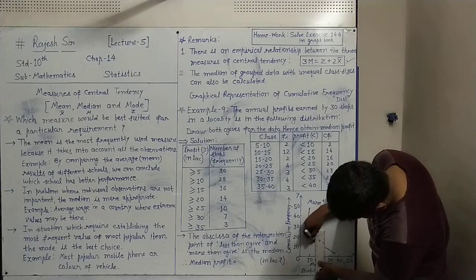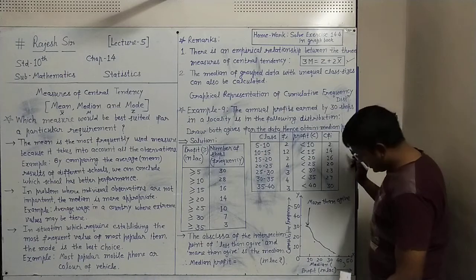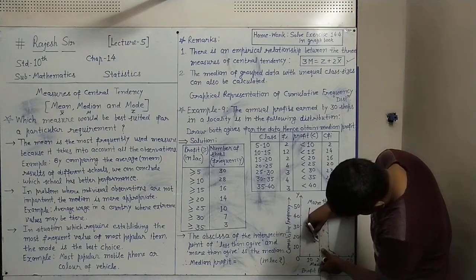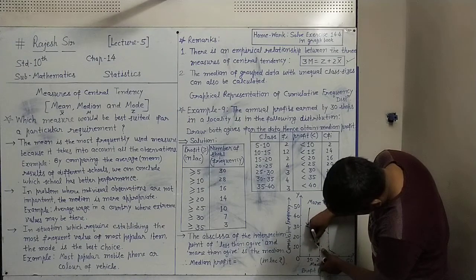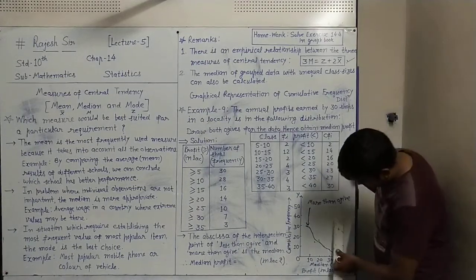And it is here. Then 20, 16. 10 plus 6. 1, 2, 3, 4, 5, 6. This one.